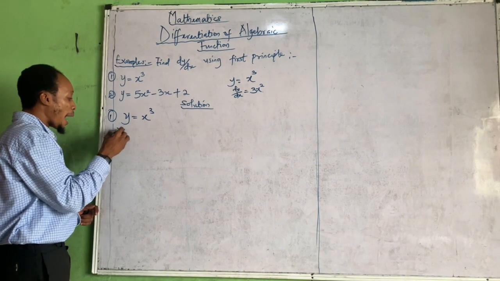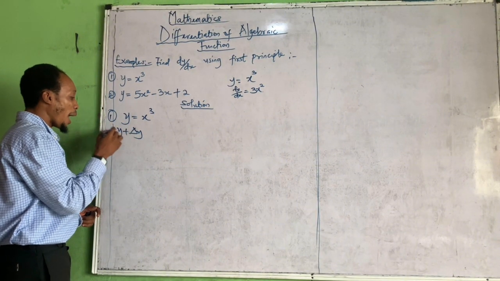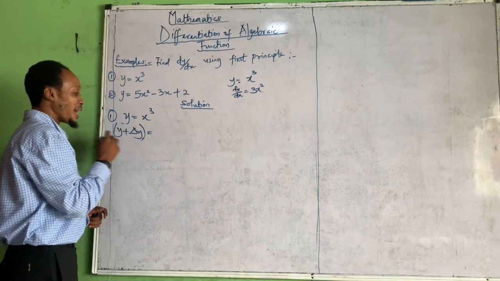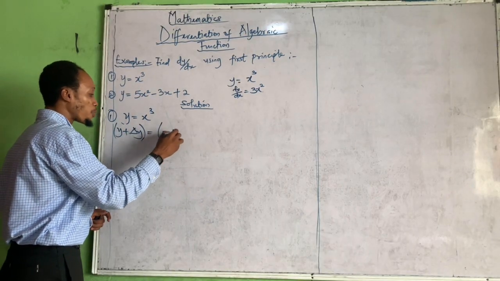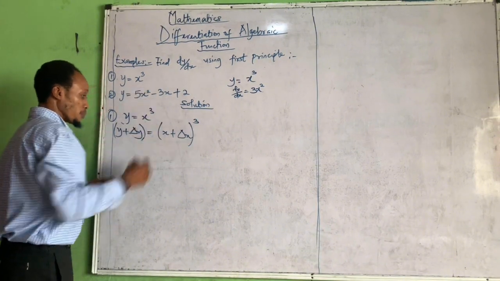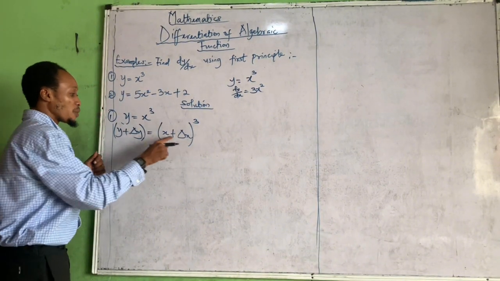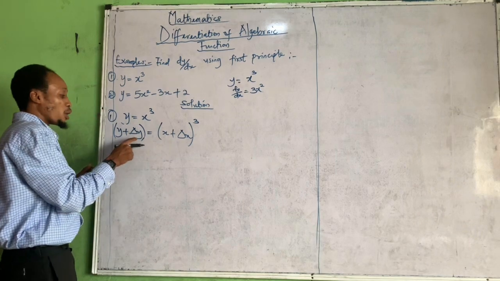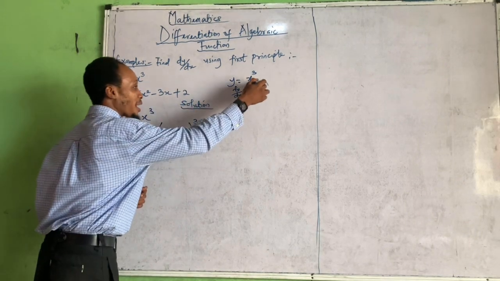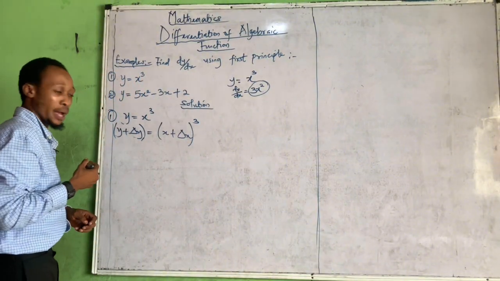So that will be y plus delta y, and anywhere I see x, I attach delta x, so x plus delta x. Now don't forget, x is raised to the power 3. So delta x is with x and delta y is with y to the power of 3. Don't forget, we are supposed to arrive at 3x squared.